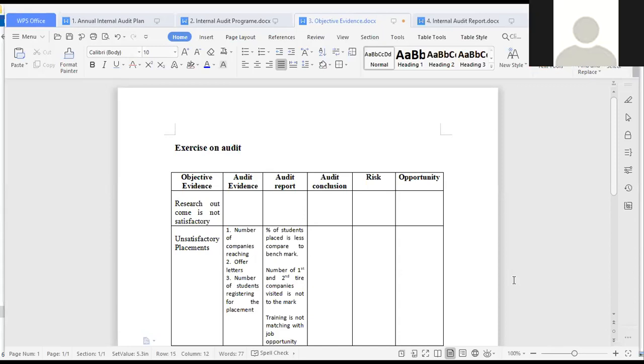I would like to stand corrected, but this is my perception. What she says is that these kinds of audits are conducted over a period of time. Now, of course, in the case of placement, it may happen at the end of the year. But in a typical MBA institute, there's a placement season. So you do it right from September to, let's say, March, April.